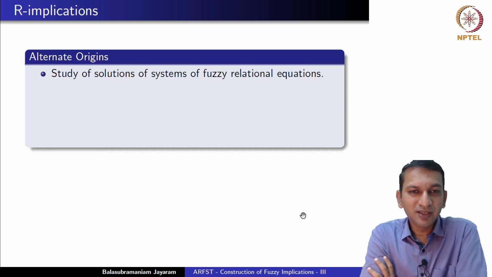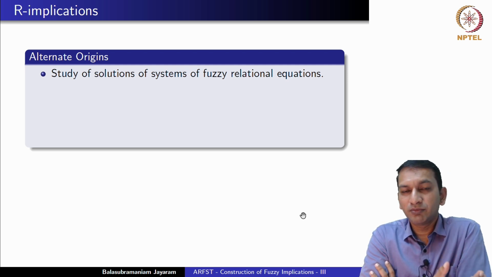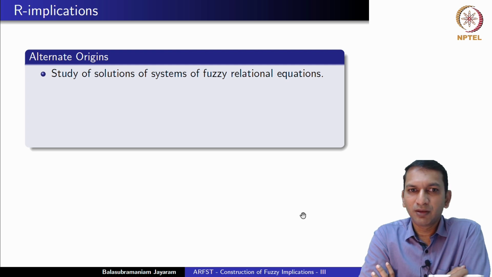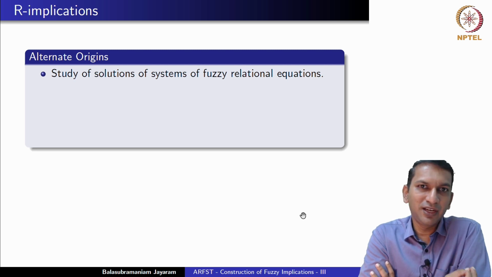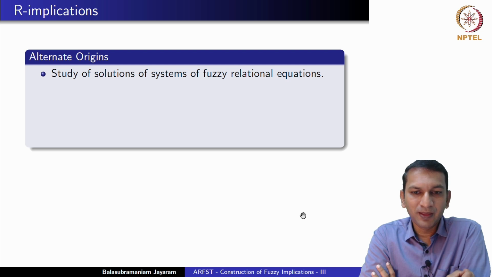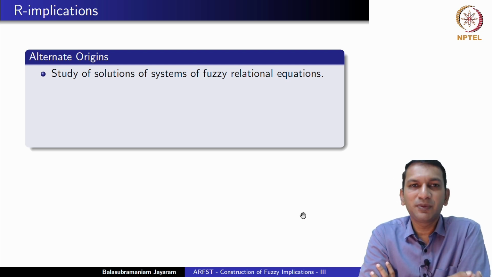Well, as was mentioned, R implications have had their origins at different source points. In the study of solutions of systems of fuzzy relational equations, R implications did emerge. Fuzzy relations and fuzzy relational equations will be taken up in the lectures given next week.